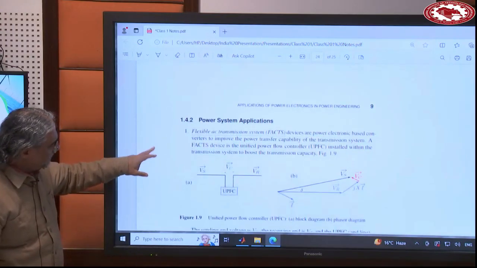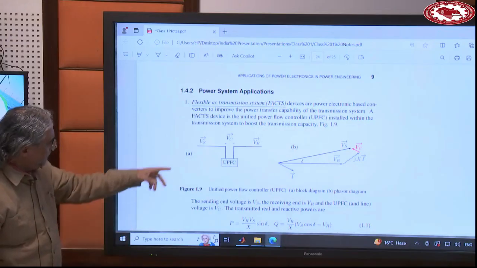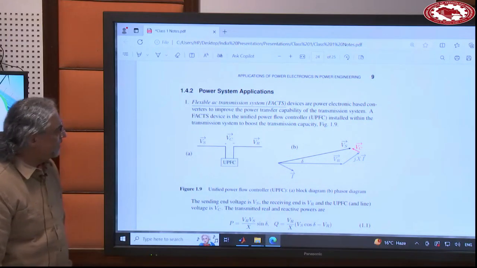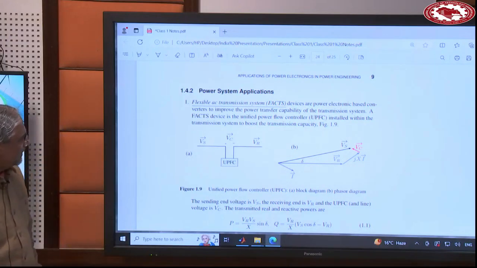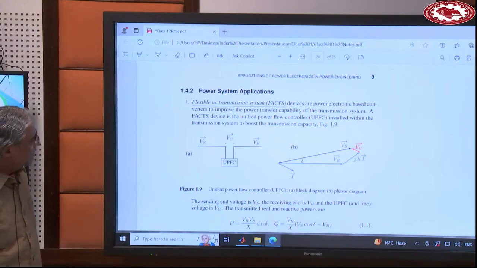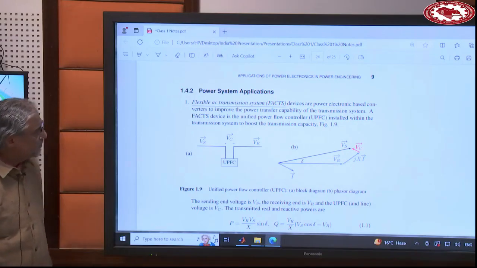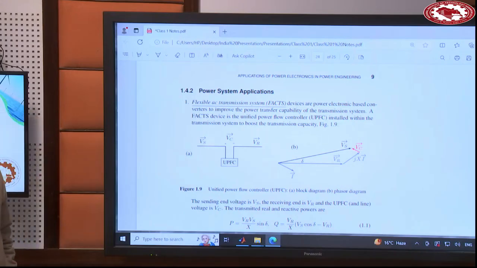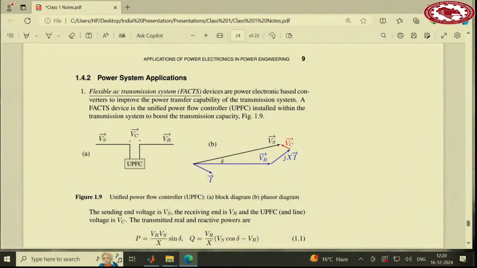In power systems, one of the main applications of power electronics is flexible AC transmission systems, or FACTS devices. As the name indicates, this is a transmission device, which is placed in the transmission line. The objective of that device is to control and increase the power flow from one terminal to the other.